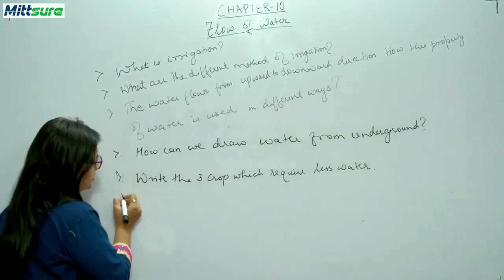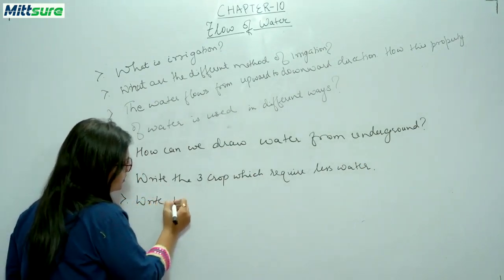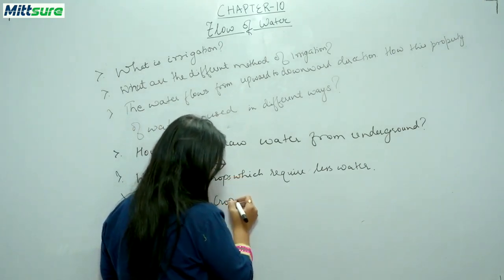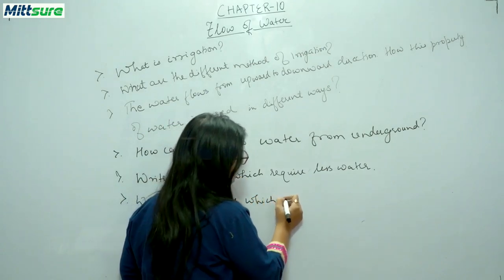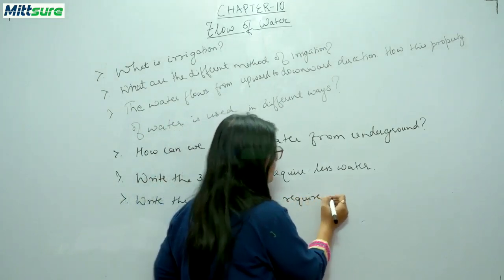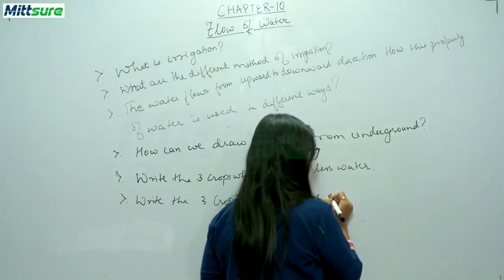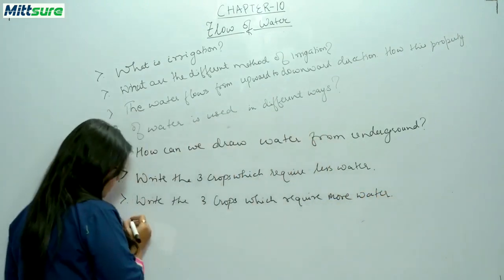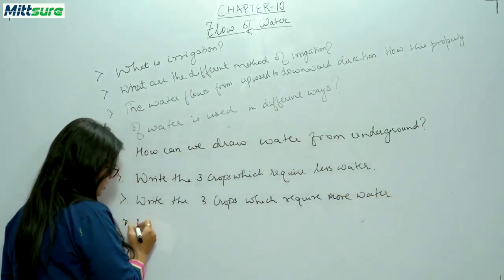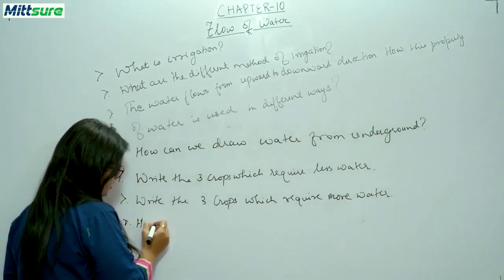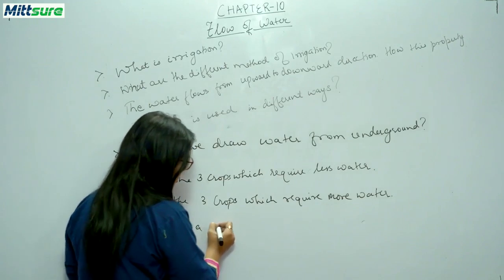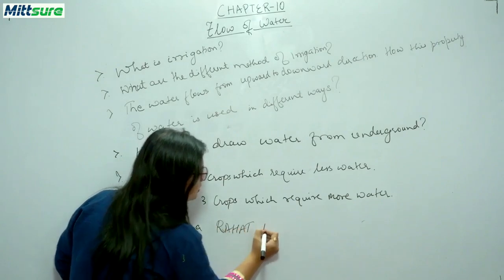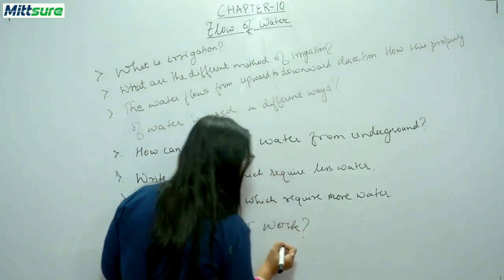The next question is, write the three crops which require more water. Okay. And the next question is, how does a rahat work? Okay.